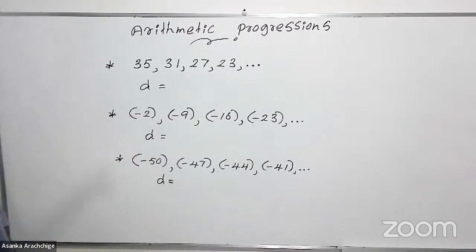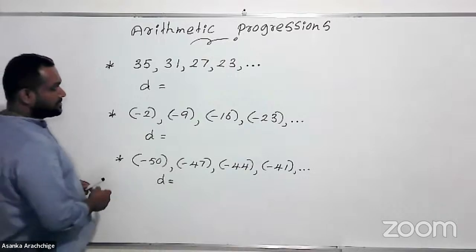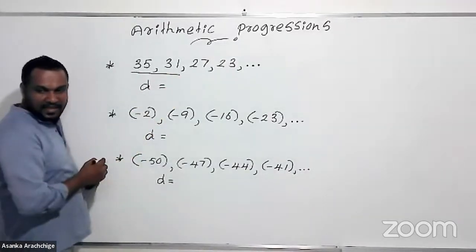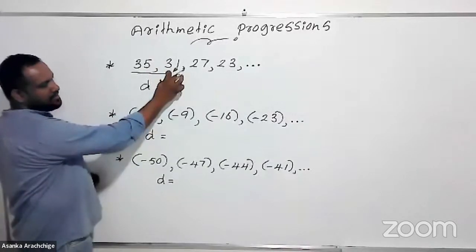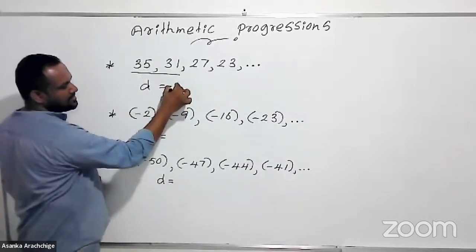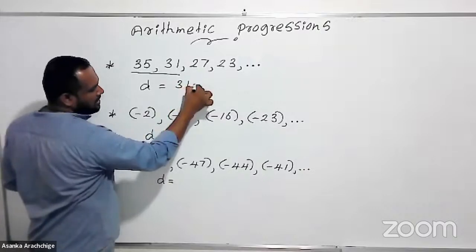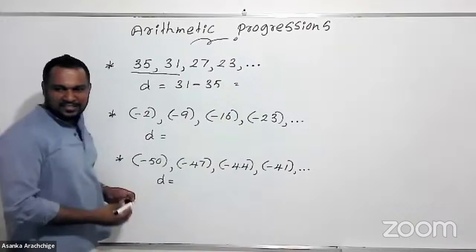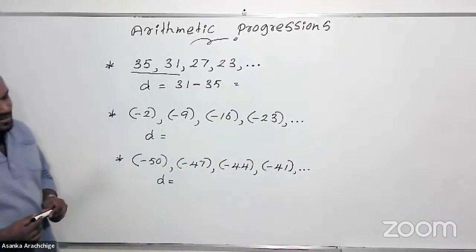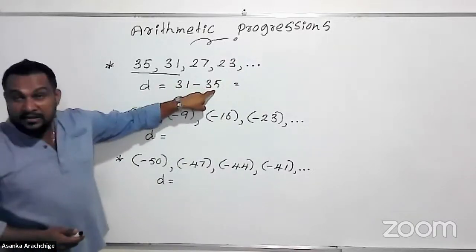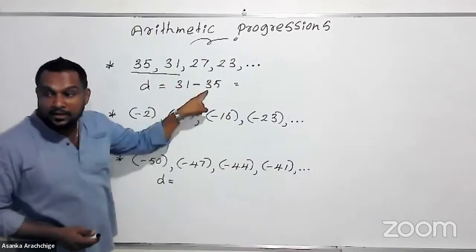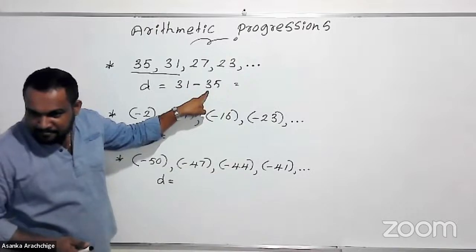The common difference of this pattern. I select the first pair. Second term, subtraction, first term. 31 minus 35. Tell me, what is the sign, plus or minus? 31 minus 35 is like positive 31, negative 35.